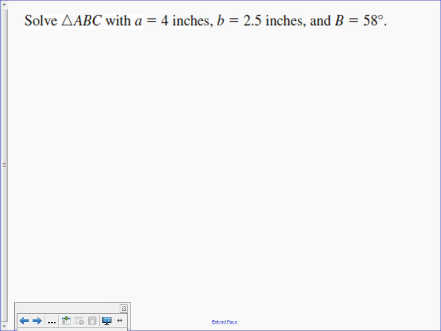You have side A, side B, angle B. First things first, draw your diagram. Angle A is 4. I'm seeing units.